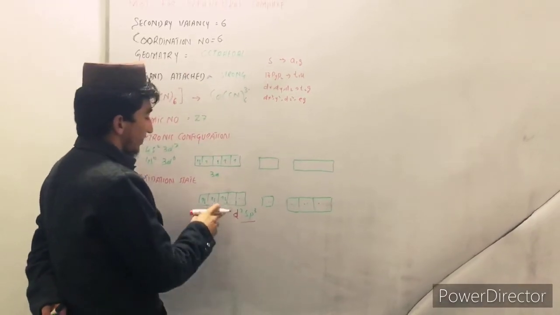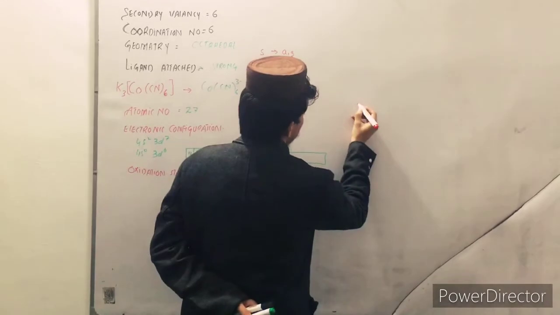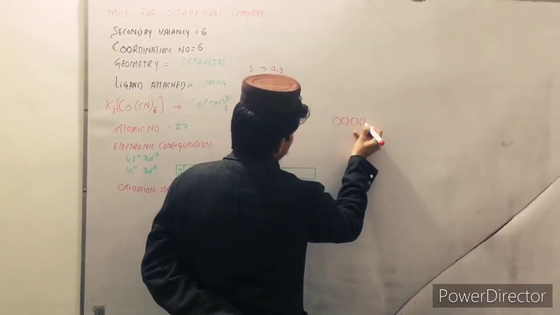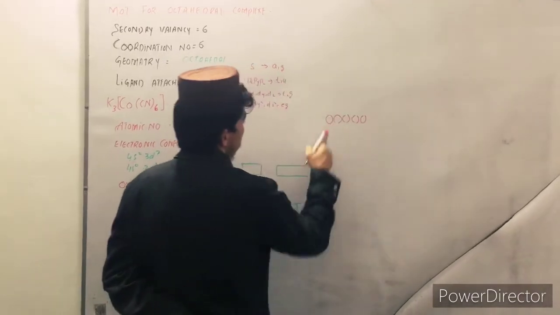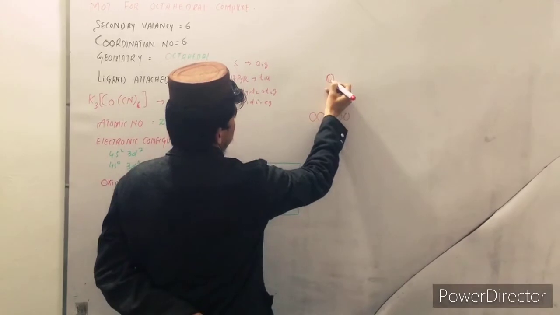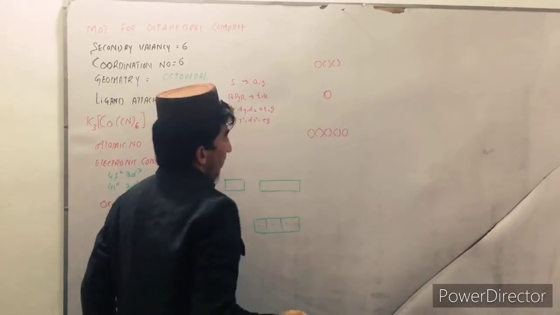Now as you can see, there is the presence of 3d, 4s, and 4p. Now we will make it like so: 1, 2, 3, 4, 5 is the 3d, this is the 4s, and this is the 4p.